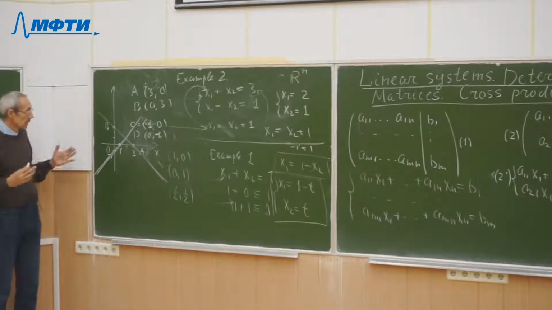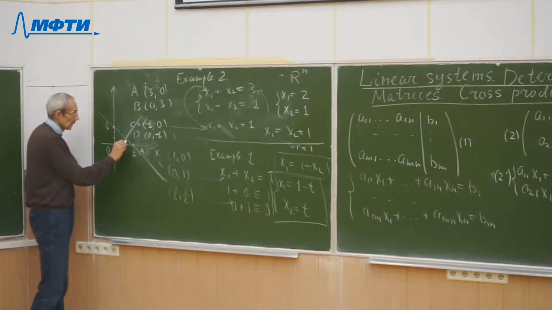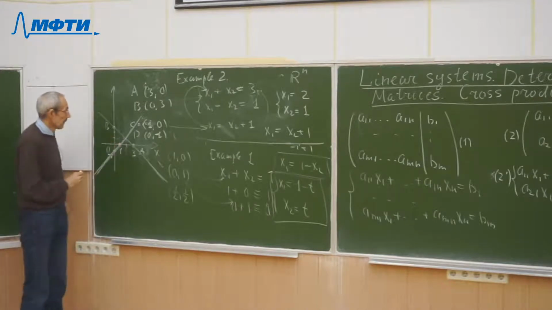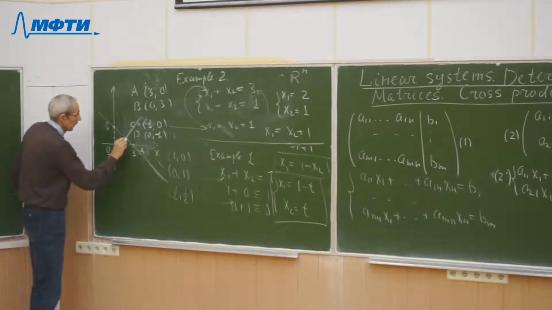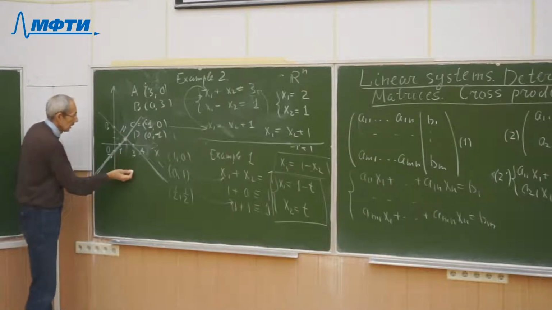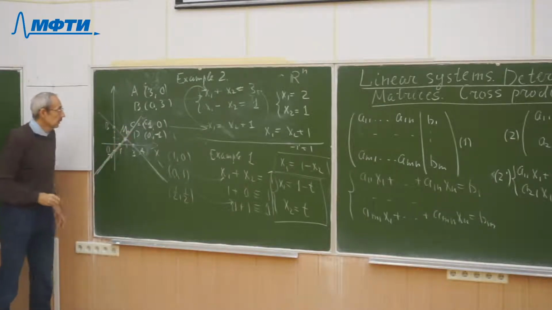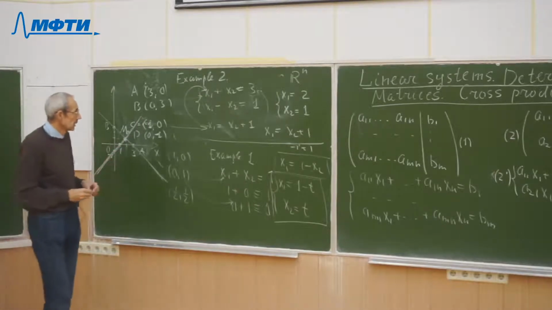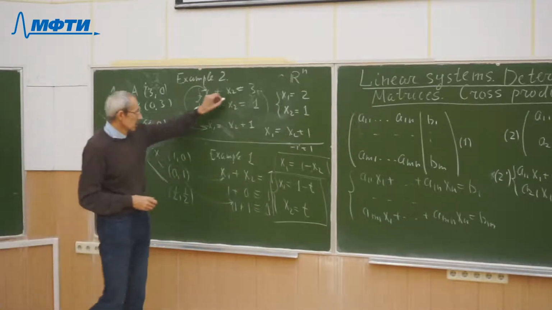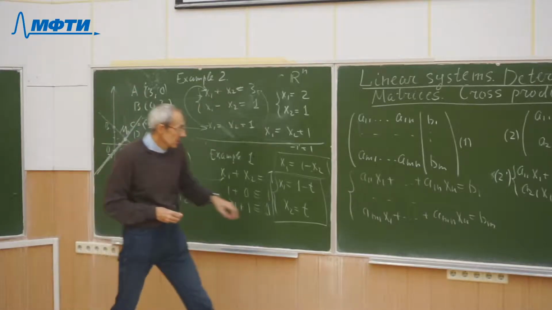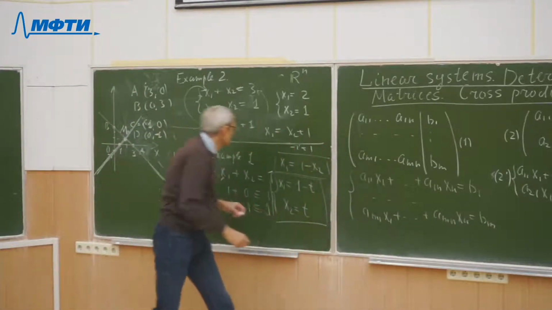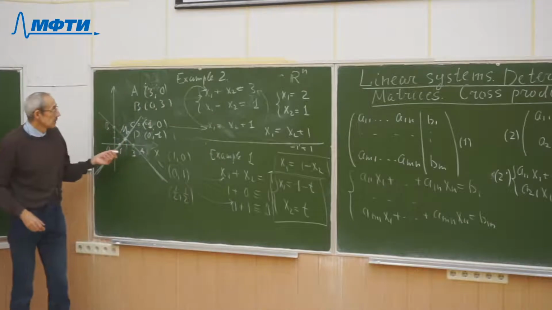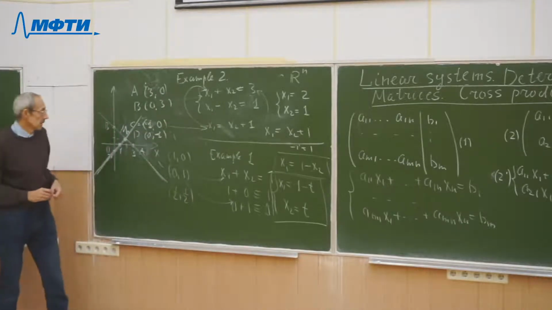And we obtain two straight lines, and the intersection point of these lines is M0. This point belongs to the set of solutions of the first equation, and this point belongs to the solutions of the second equation.